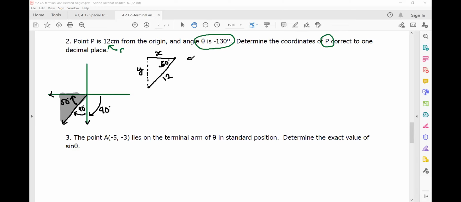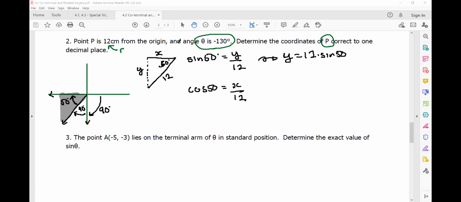The y being sine 50 is equal to opposite over hypotenuse, and cosine of 50 is equal to adjacent over hypotenuse. This means y is equal to 12 times sine 50.